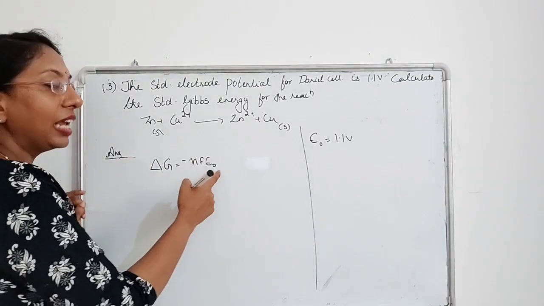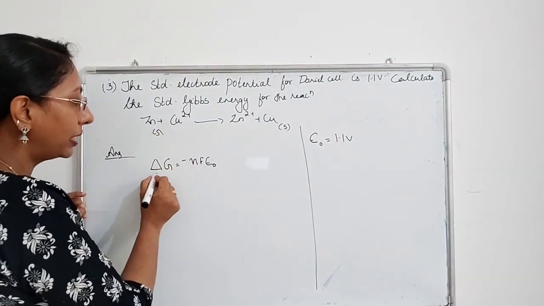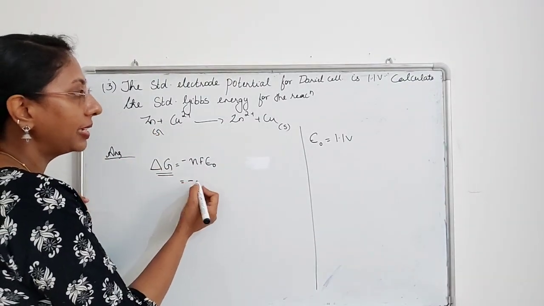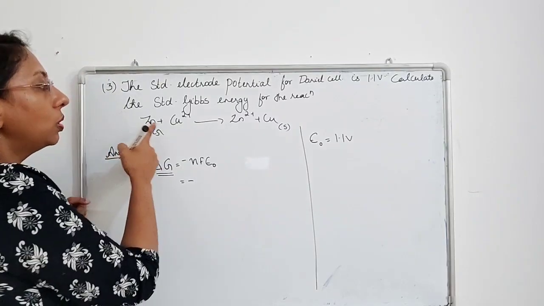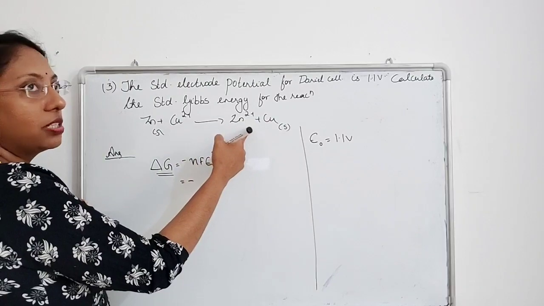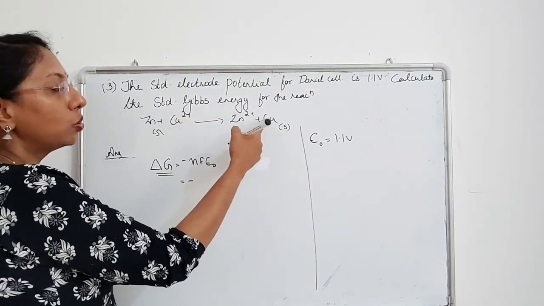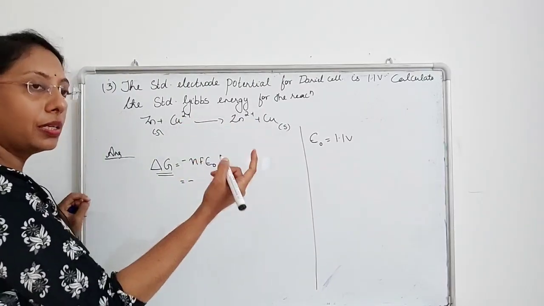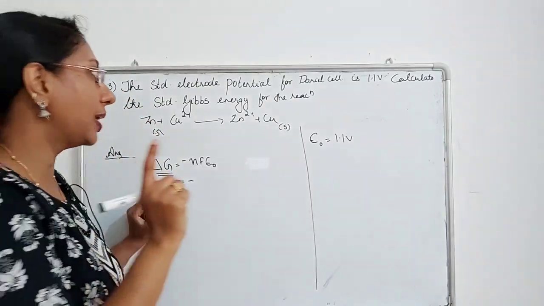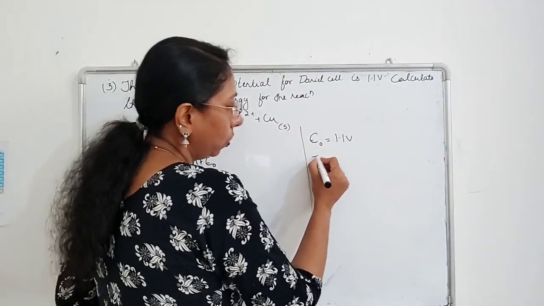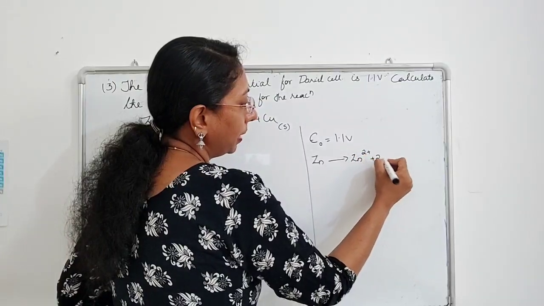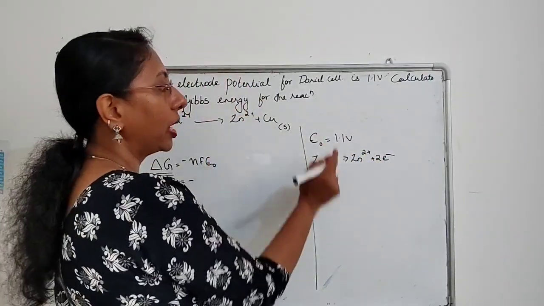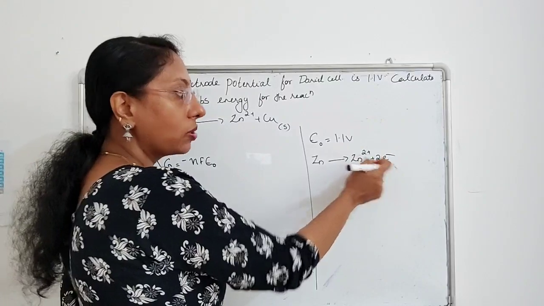So we have to determine delta G. For that we have to determine how many electrons are transferred. Here Zn changes into Zn2+ and Cu2+ changes into Cu, so it is understood that only 2 electrons are transferred. Those who don't know, just write the equation. Zn gives Zn2+ plus 2 electrons. Zn has changed into Zn2+, meaning it has lost 2 electrons.